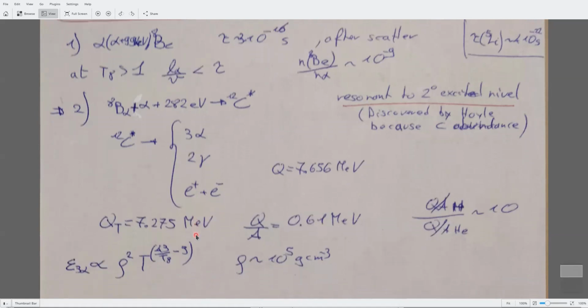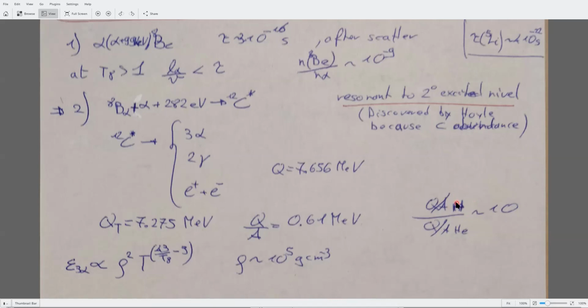What is interesting here? Two things. One, that the Q value is 7, not so much, and if you divide it by the mass number 12, you have just 0.6. That means that the energy production by mass is like 1/10 of what is produced by the hydrogen.